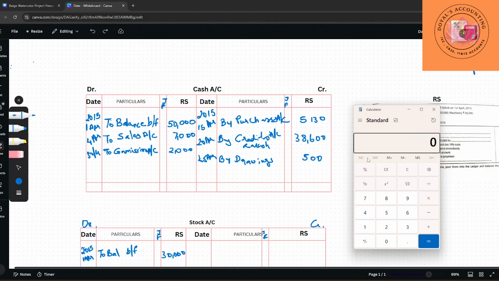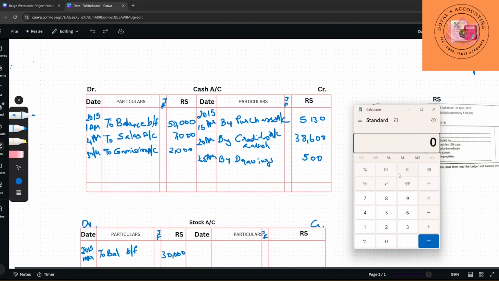One column will have more balance than the other. But the totals need to be the same, right? This needs to be 59,000. This also needs to be 59,000, but it looks like it is less than 59,000. It looks like it's about 40,000. Therefore, there is a balance this side, which will be carried forward to the next month.